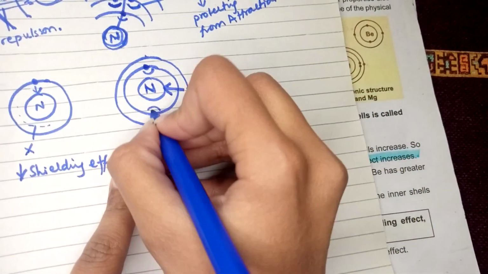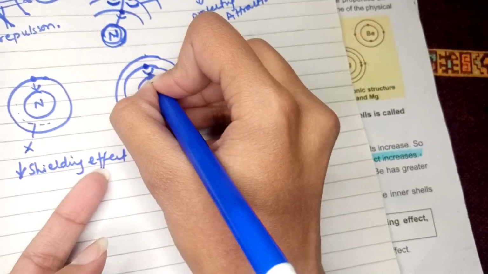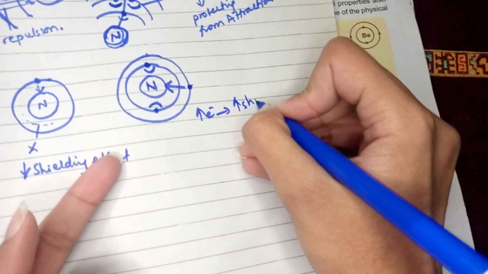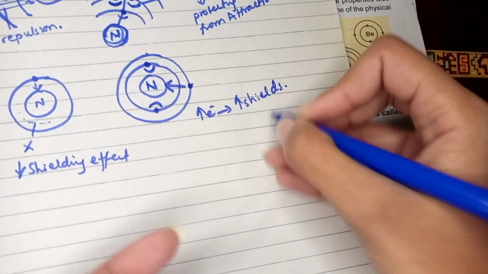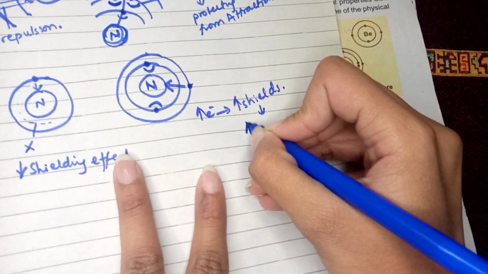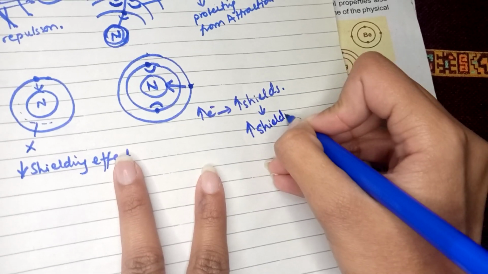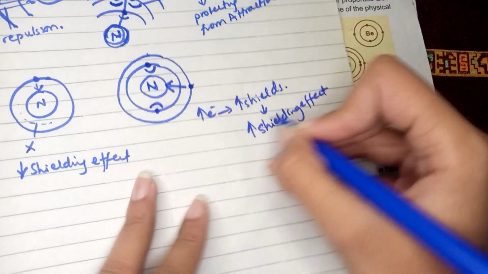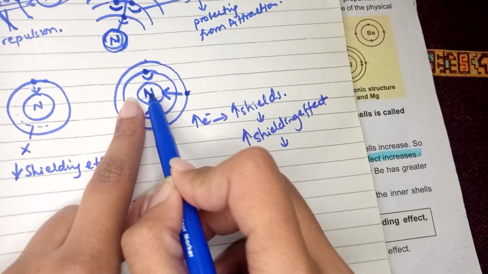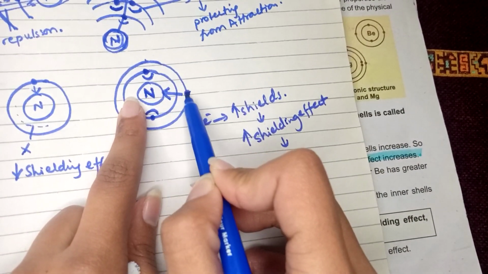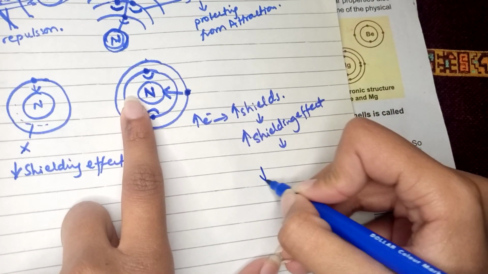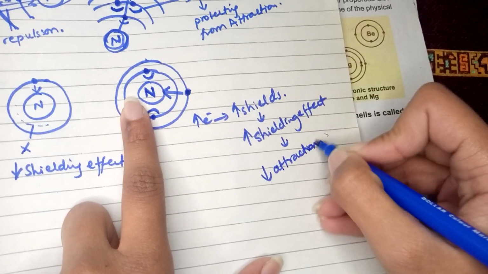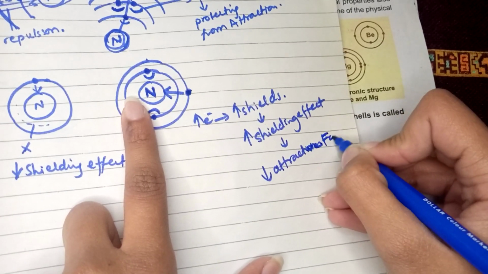The more the electrons, the more the shields. And if you have more shields, you have a greater shielding effect. What is meant by the greater shielding effect? It means that the force of attraction exerted by the nucleus on the outermost electron is reduced. Reduced attractive forces.